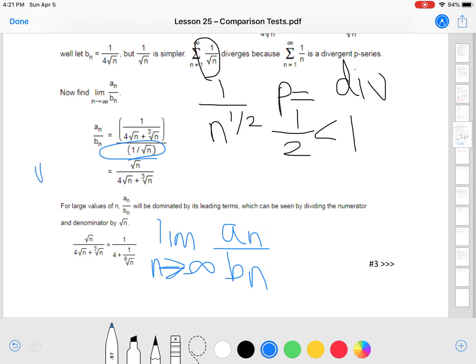Square root of n is the same thing as n to the 1/2 power, and that's the case for both the numerator and denominator. They're the same highest exponent, so the easy way to find the limit is to take the ratio of the two coefficients in front of our variables. So that right here is 1/4.